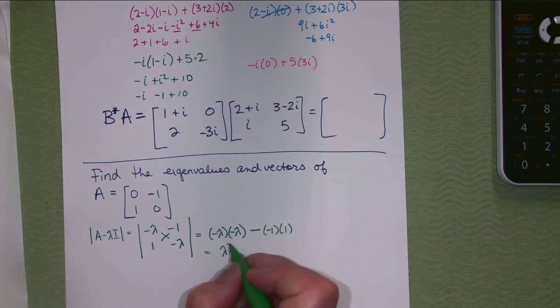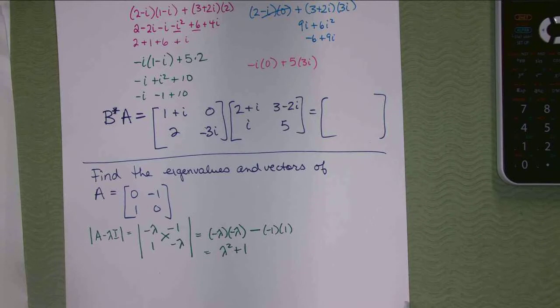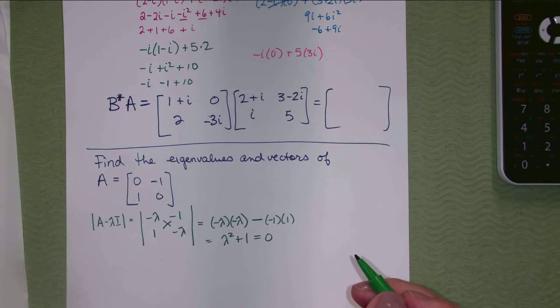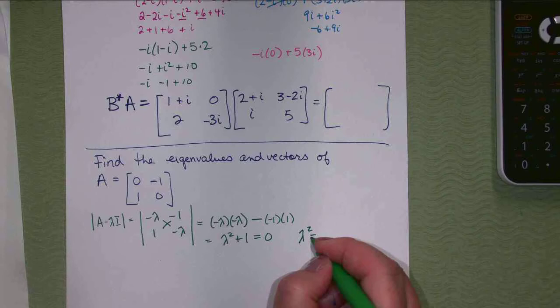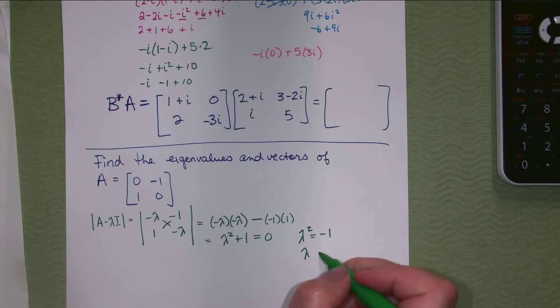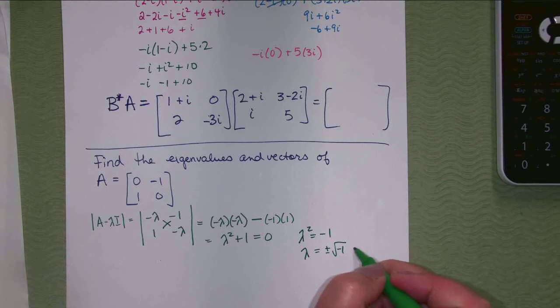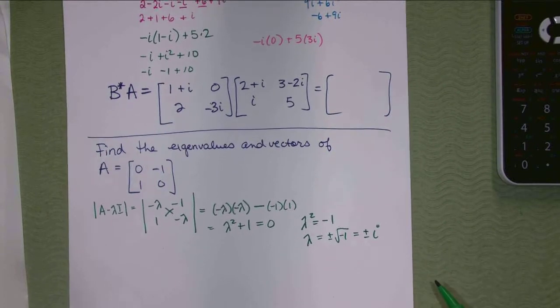Lambda squared plus 1. Set that equal to 0. And there's no real answer, there is none. So that's why we need complex numbers. So lambda is plus or minus square root of negative 1, which is plus or minus i. All right, so those are the eigenvalues.